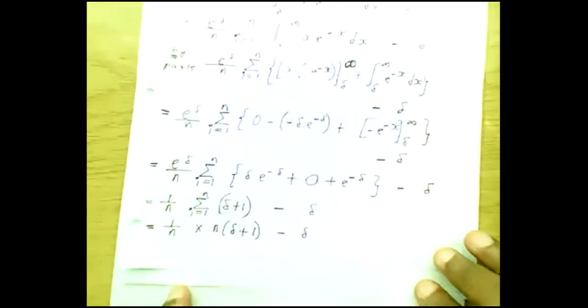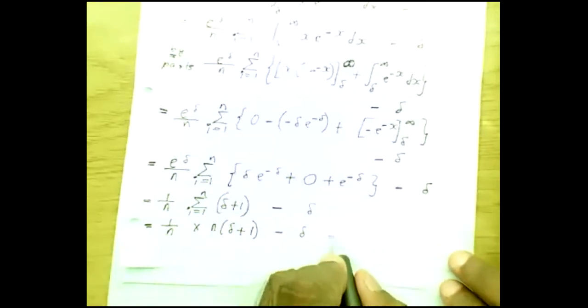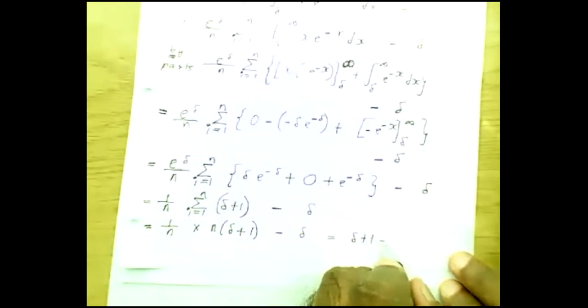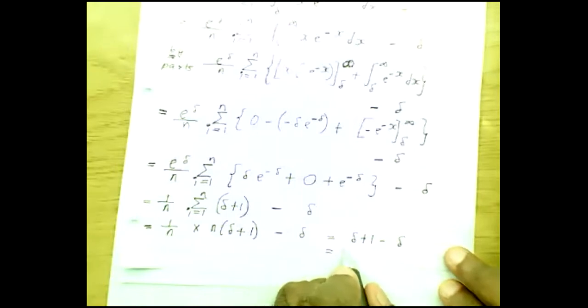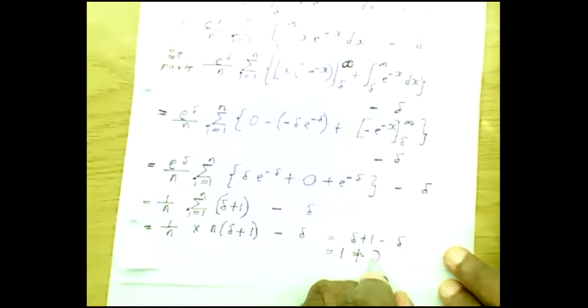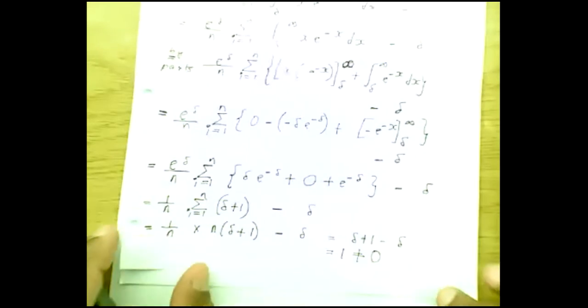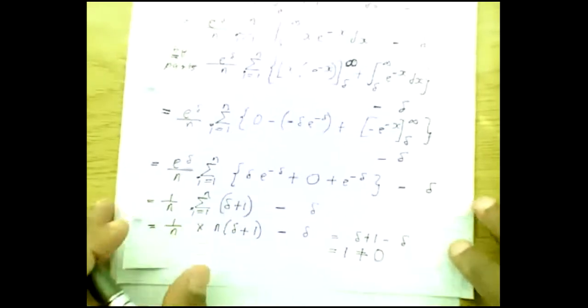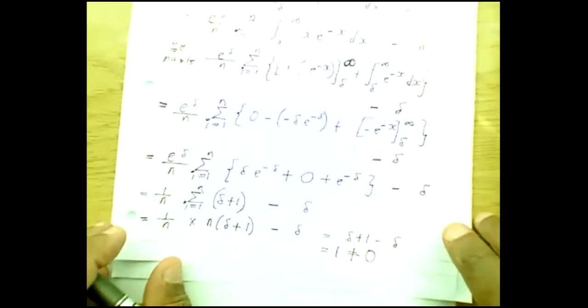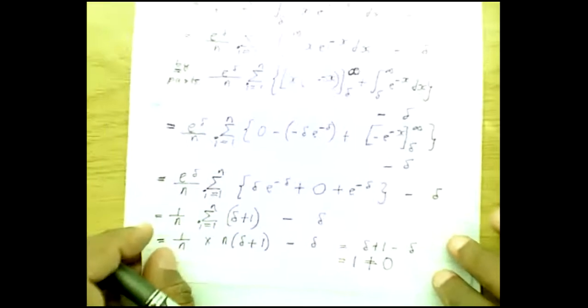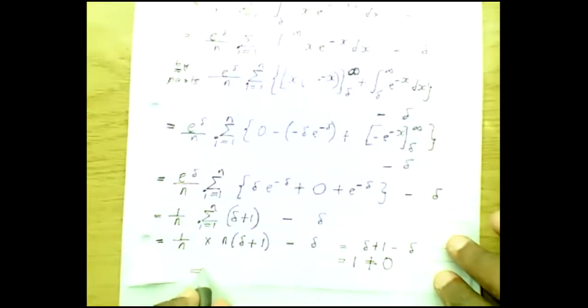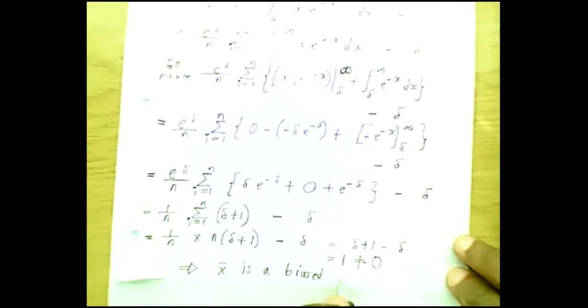Now the n and the n cancel, so this becomes delta plus 1 minus delta, which is equal to 1 and which is not equal to 0. So what we have shown, guys, is that the bias is not equal to 0. So in other words, we have shown that X bar is a biased estimator.